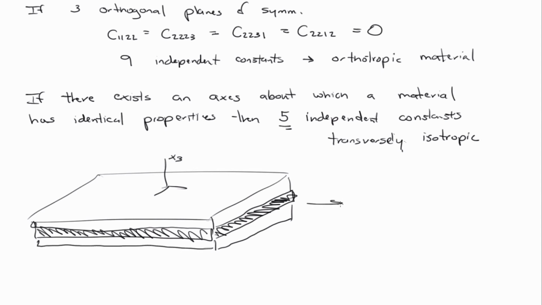So if I pull on it in the plane, no matter how I rotate it, I would always get the same behavior. But if I try to bend it out of plane, or pull on it out of plane rather, then it's going to be a different set of material properties that characterize that. And so you need 5 independent constants to characterize a material like this.